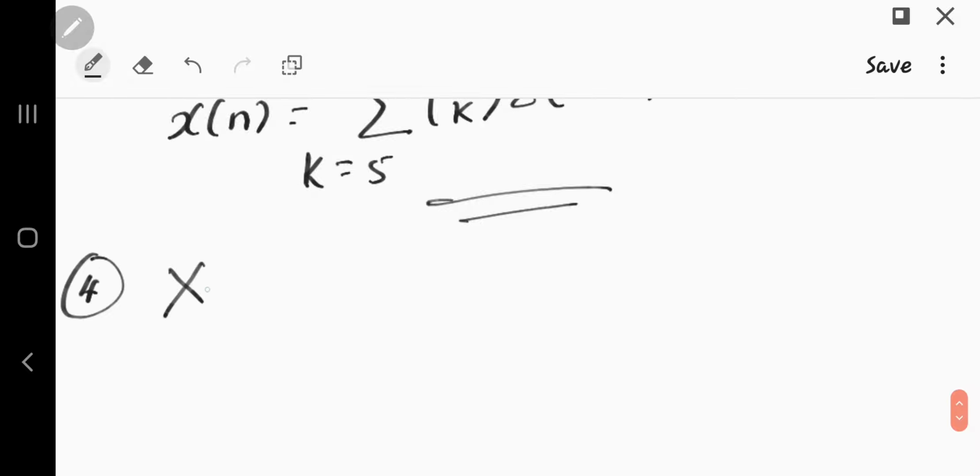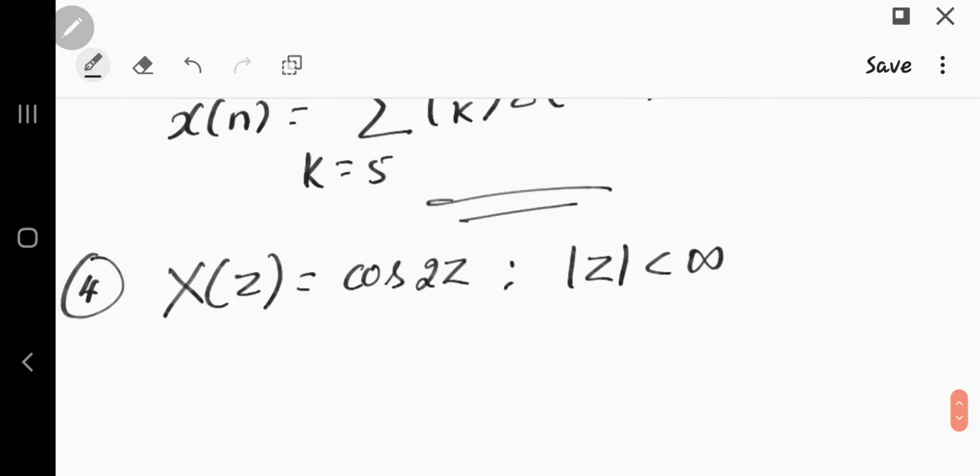So given x of z is equal to cos 2z, where z is less than infinity.